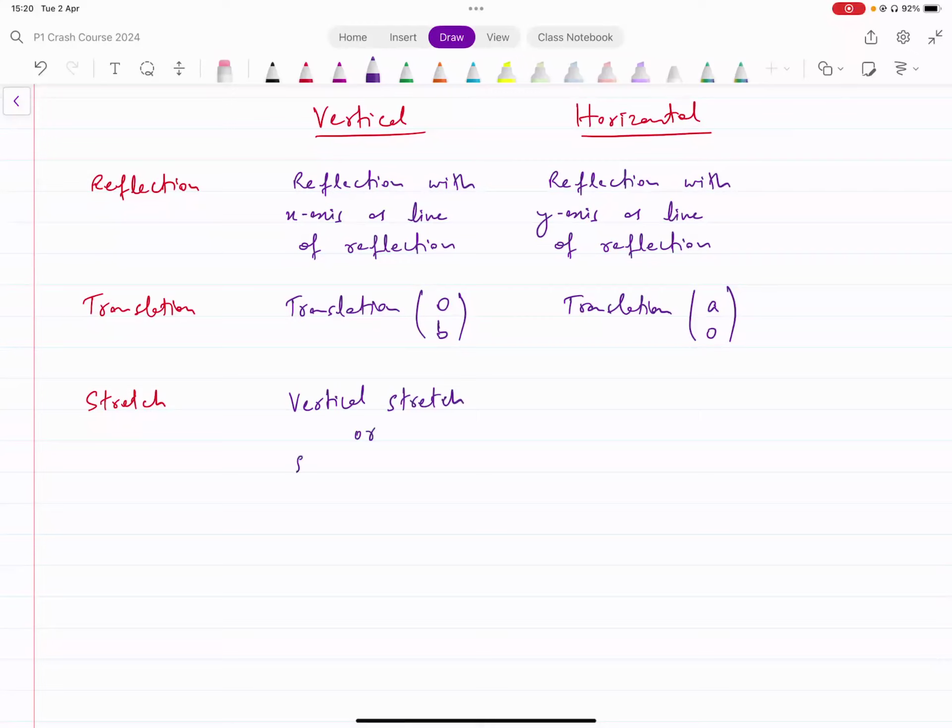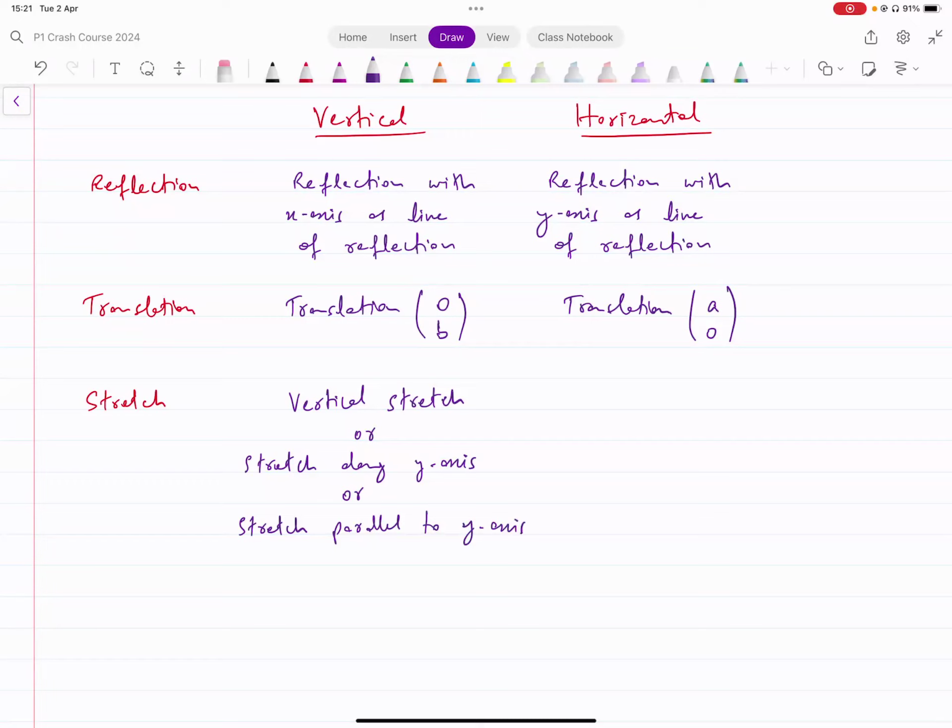Or you could say it's a stretch along y-axis, or you could say it's a stretch parallel to y-axis.